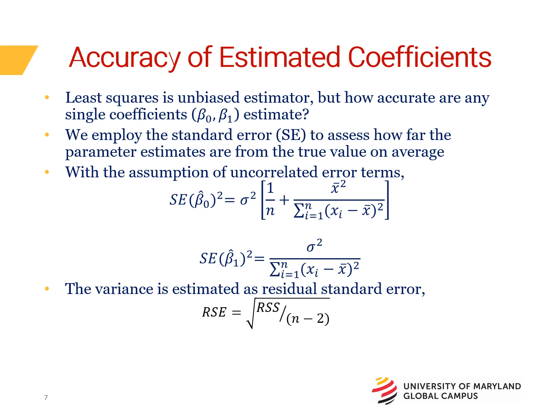But how accurate is our estimation from a single sample? You have sample data, you fit a regression line. How accurate is that estimation? To do that, we commonly use the standard error to assess how far the estimated quantity is from the true unknown value.